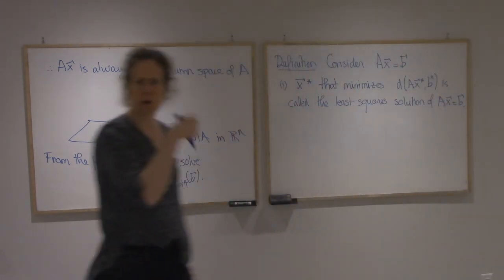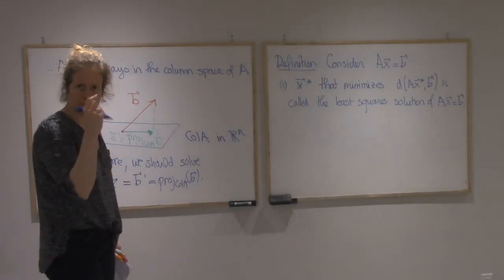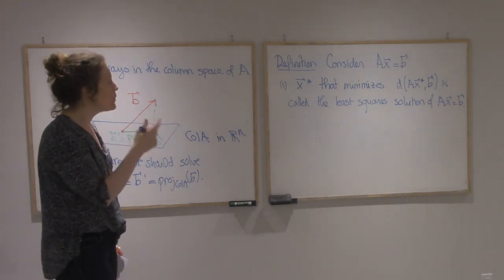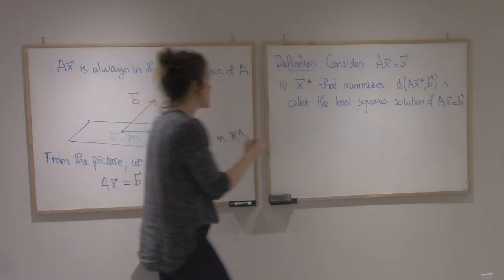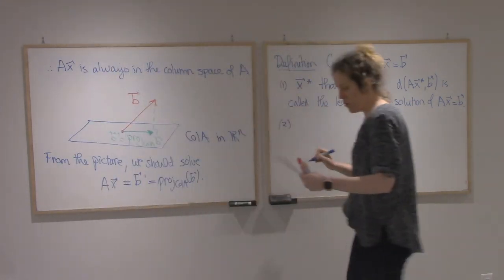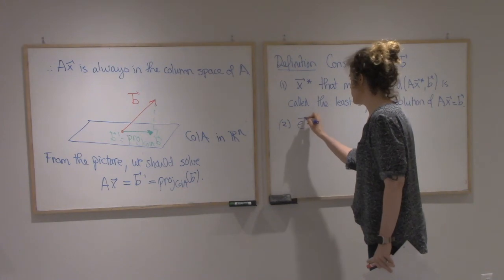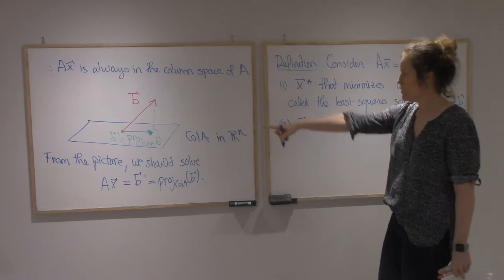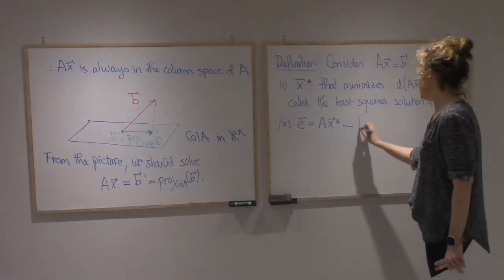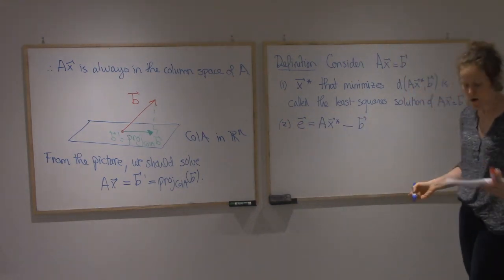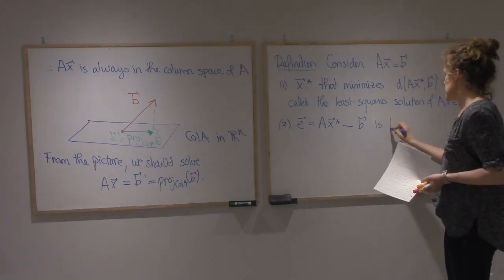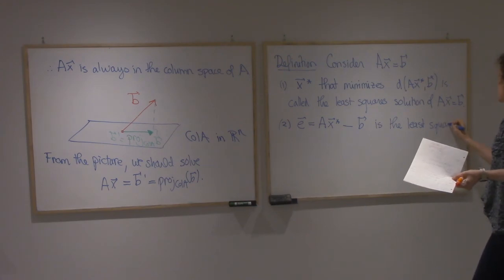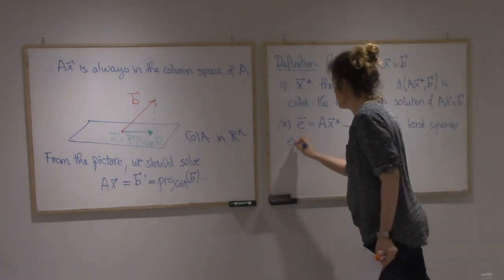I'll show you in a second where the least squares naming comes from. And second, the error vector, the difference between b prime and b, is called the least squares error vector.